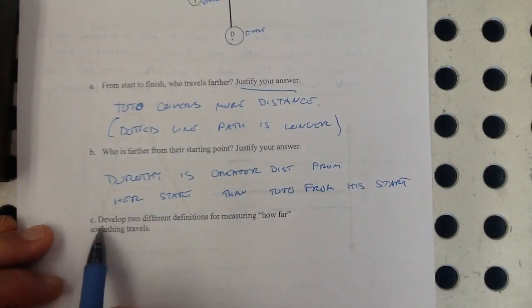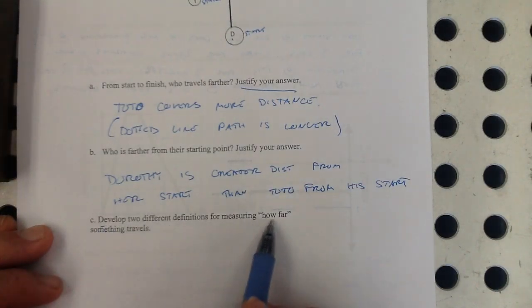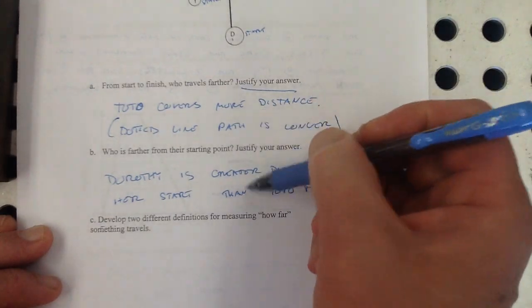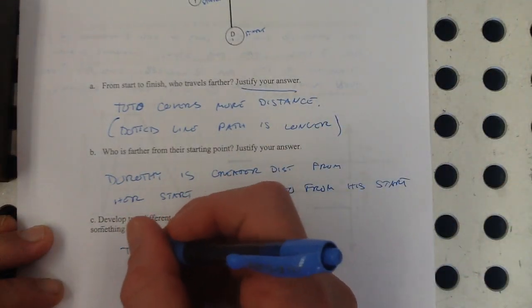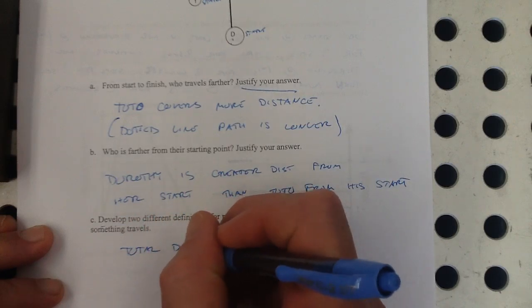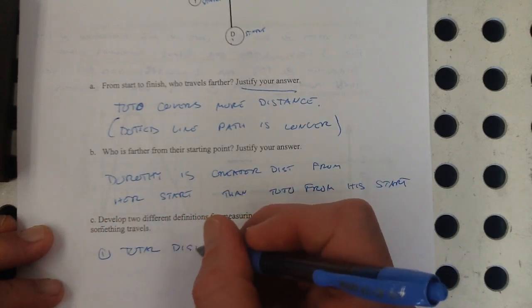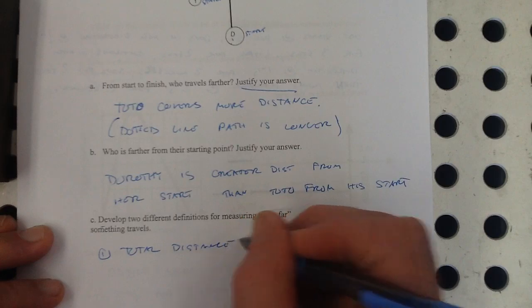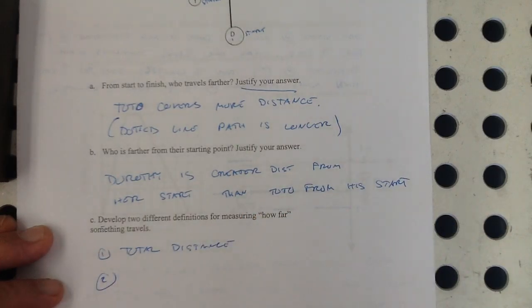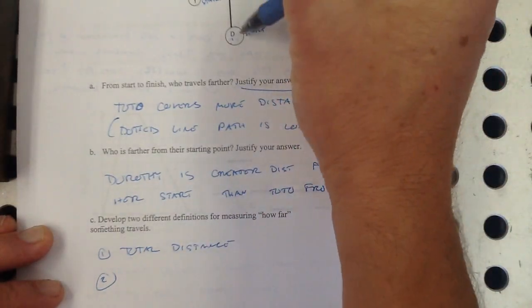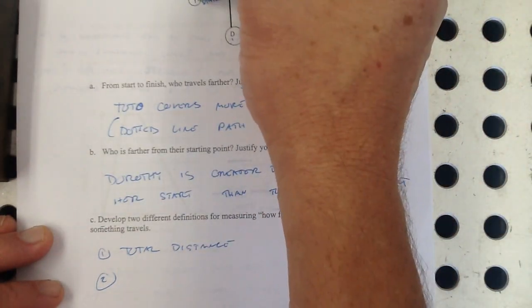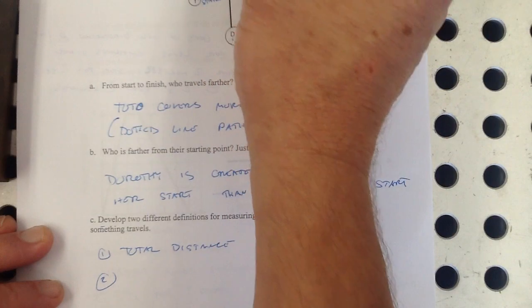And then here, develop 2 different definitions for measuring how far something travels. So the suggestion is here, thinking about these, there's total distance, which is exactly what it sounds like. And then I'm going to tell you the physics word that we're going to use that only cares about the difference between where you started and where you ended, and it doesn't care about the total path.